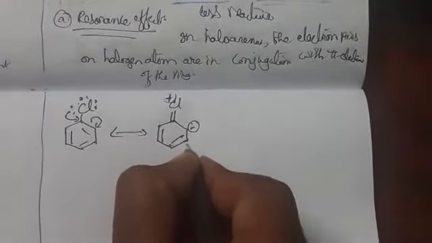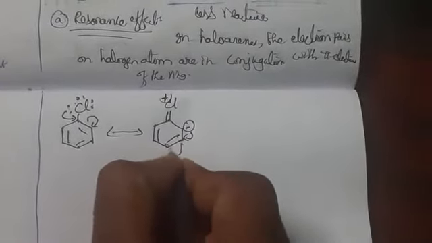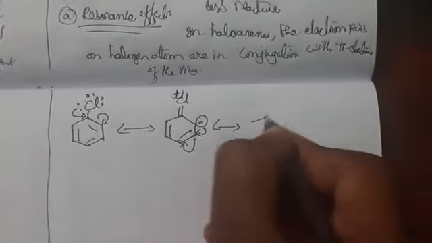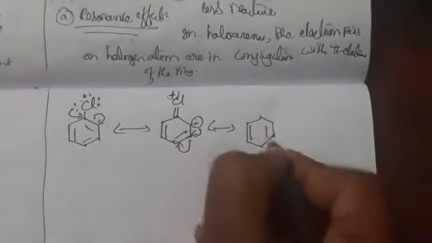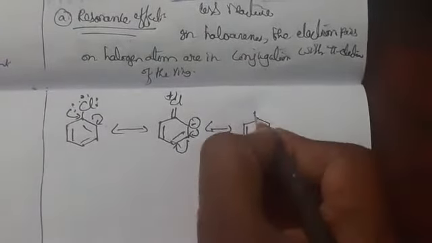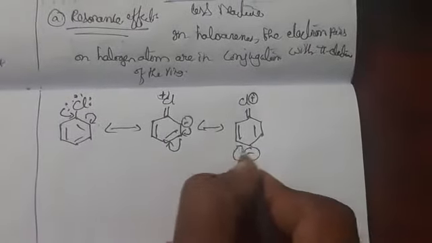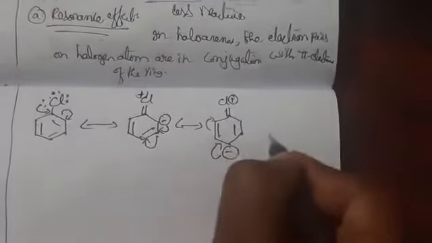Why? Because it is a positive charge. So now what happens here? This minus charge will form a bond here. Again this bond, if it turns here, it forms a positive charge. So like this it is forming minus charge here, and it will be Cl plus. Again this minus charge will go, this means bond, so this one will get the minus charge.